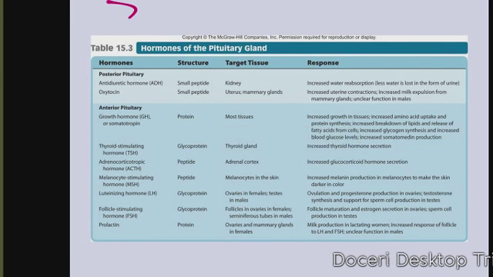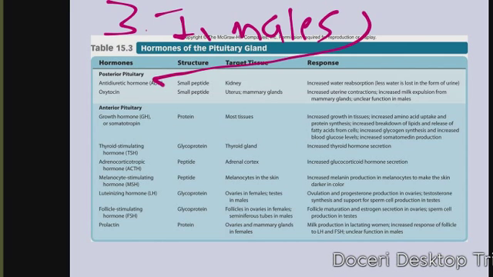Question 3. In a male, how many structures are targeted by the posterior pituitary? That's question number 3. Remember to send your responses to me through email or in another way.